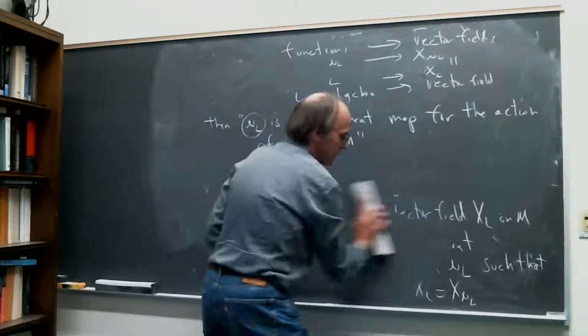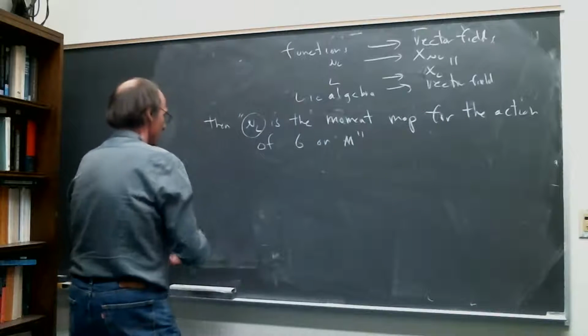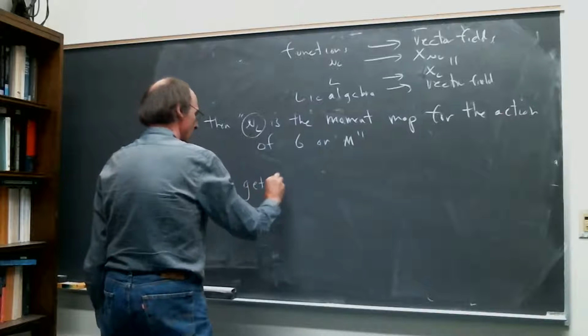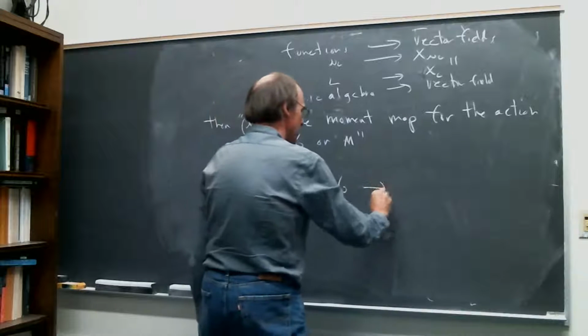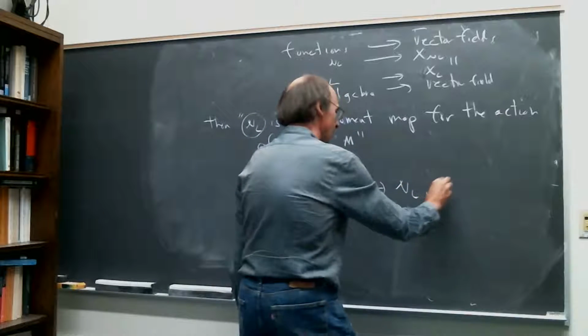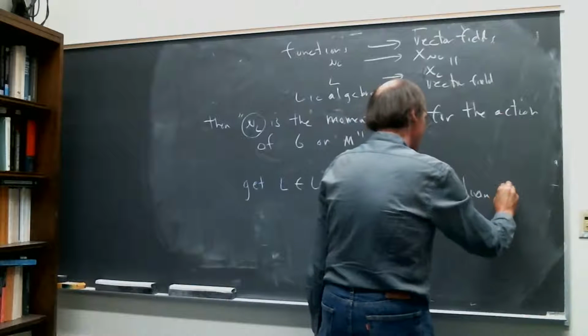So the bottom line is we get L, an element of the Lie algebra of G, goes to u_L, a function on phase space.